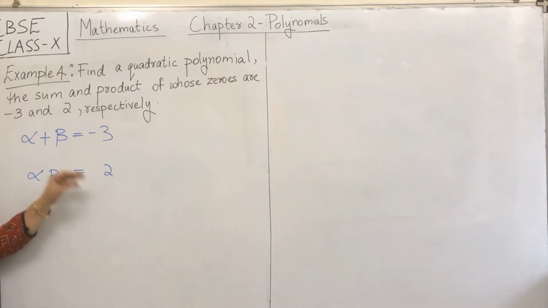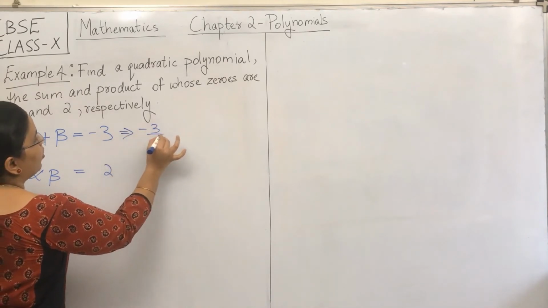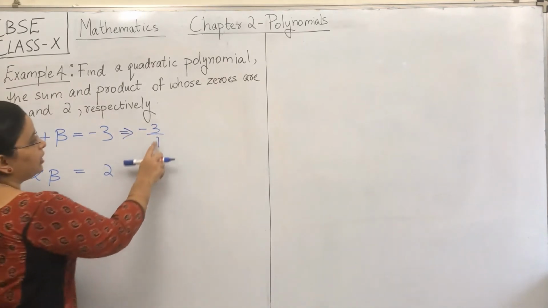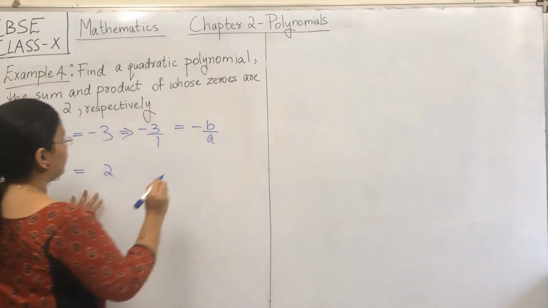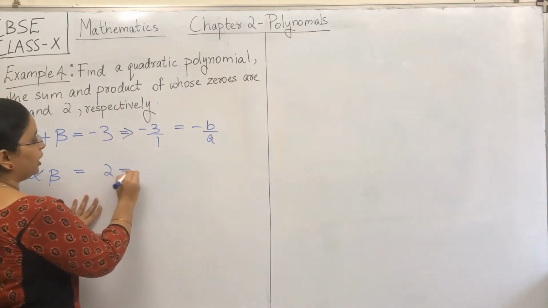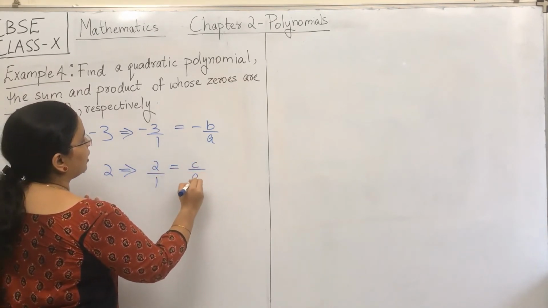Okay. Firstly, alpha plus beta equals minus 3. We can write it as minus 3 by 1 and compare this with minus b by a. Now, 2 can be written as 2 by 1 and can be compared with c by a.